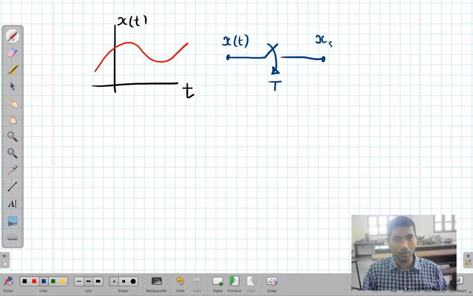On this end you will get the sampled signal, which is denoted by xs of t.